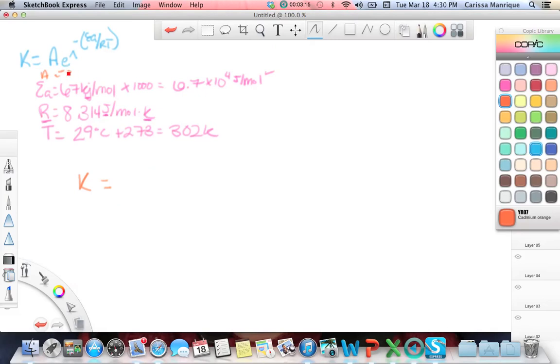A equals 8.9 times 10 to the 12th, and that's molarity per second. There's not a molarity and there's not a second in there, so those units are fine.